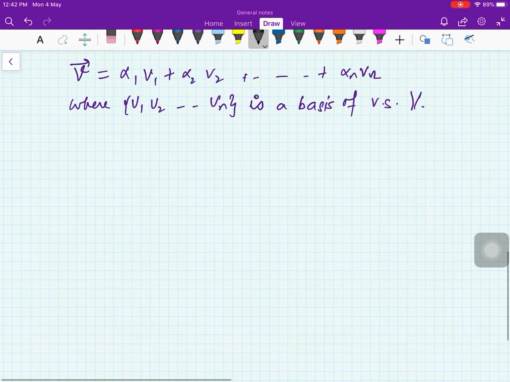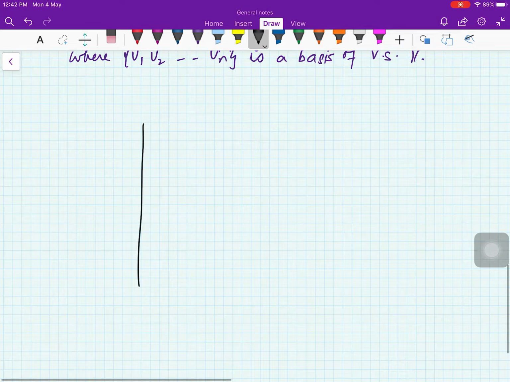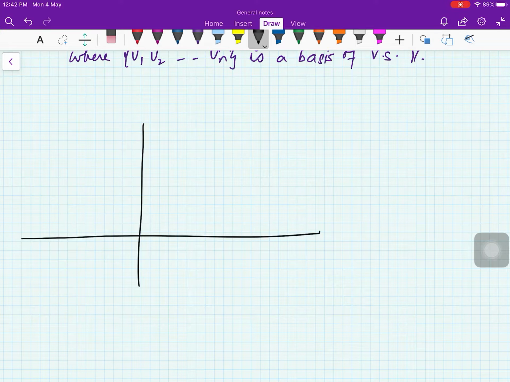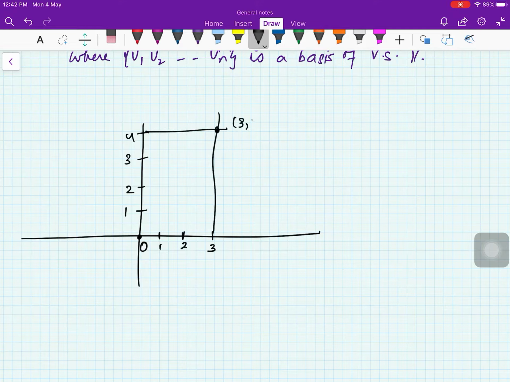For example, suppose this is your R2 plane. This is your origin, right? Here you have 1, 2, 3, and 1, 2, 3, 4. So you have a point here, 3 comma 4. Now suppose you change your coordinate axis. So you have a new coordinate axis having origin at 1 comma 1 with respect to the old.